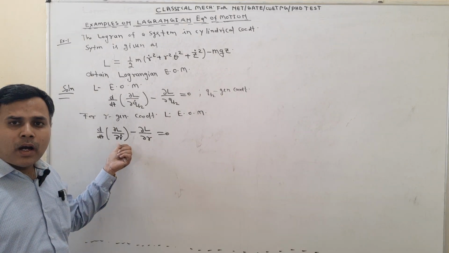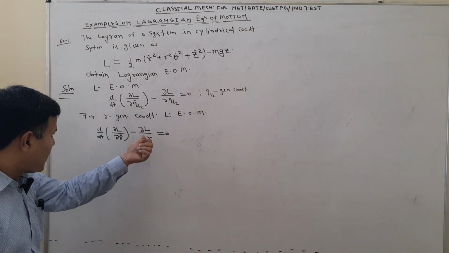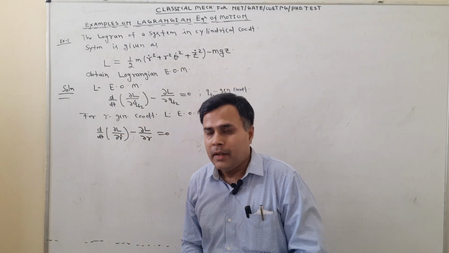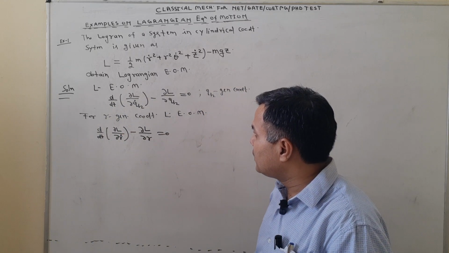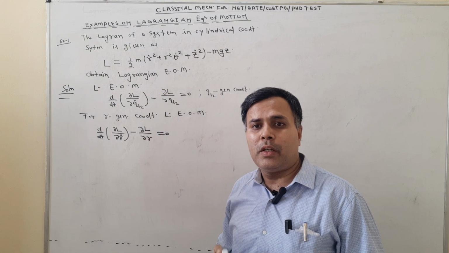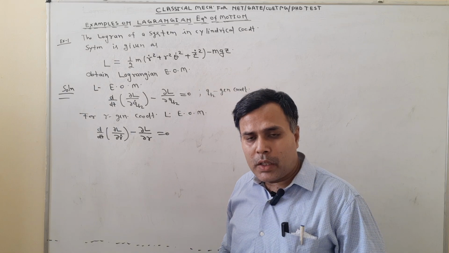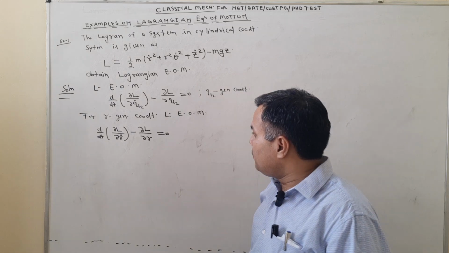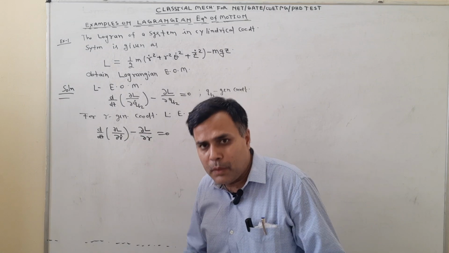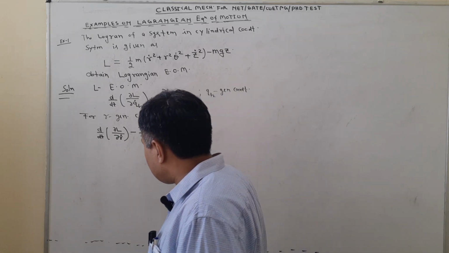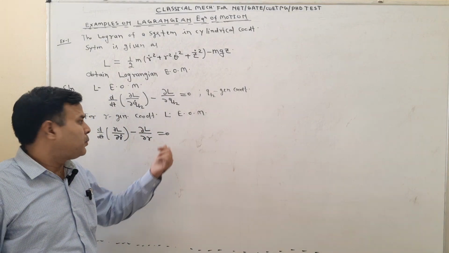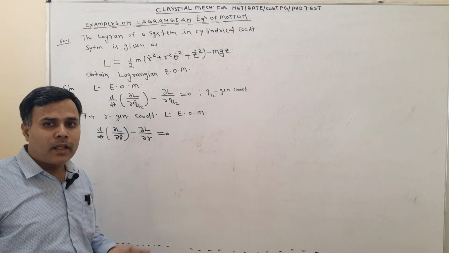So we will simply evaluate the value of del L by del r and del L by del r dot, which means differentiating our Lagrangian expression partially with respect to r and partially with respect to r dot, and then putting the value of these two entities in this equation and simplifying the expression. The simplified form will give us the Lagrangian equation of motion corresponding to this r generalized coordinate.